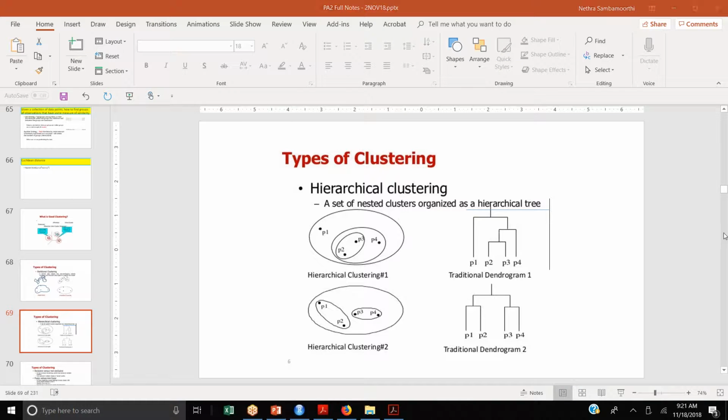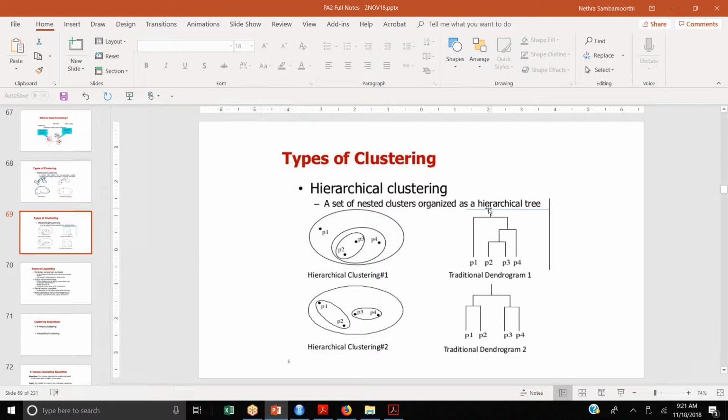So far, so good. I think it's a little bit confusing, but I'm trying to give you a sense of why there could be different types of hierarchical clustering. Are you with me? Yes, sir. Okay, cool.